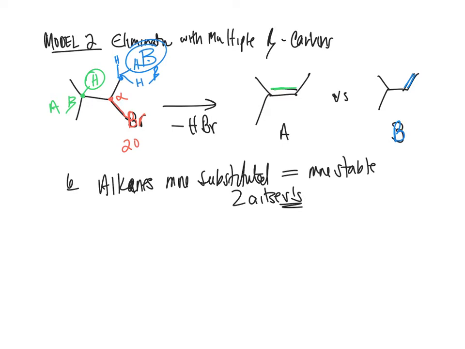So I just draw in the two carbons. In total, how many R groups? Okay, so what they want you to do in compound A, put your hydrogen there and hydrogen there. 1, 2, that's too many. Okay, 1, 2, 3, 4.